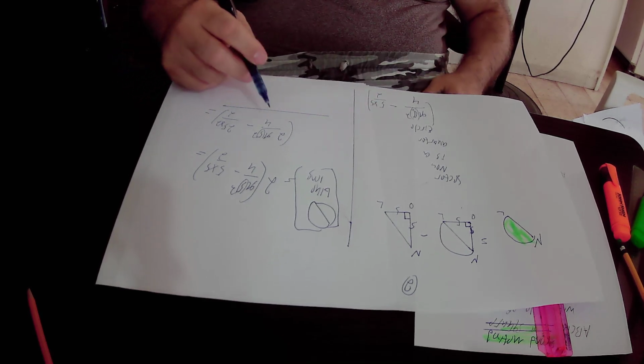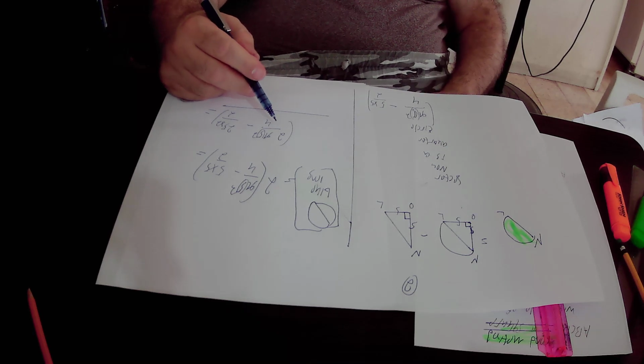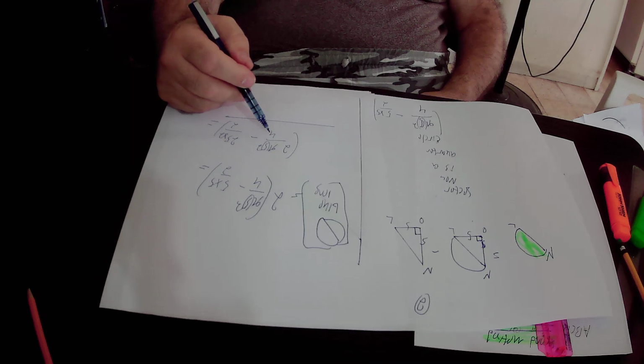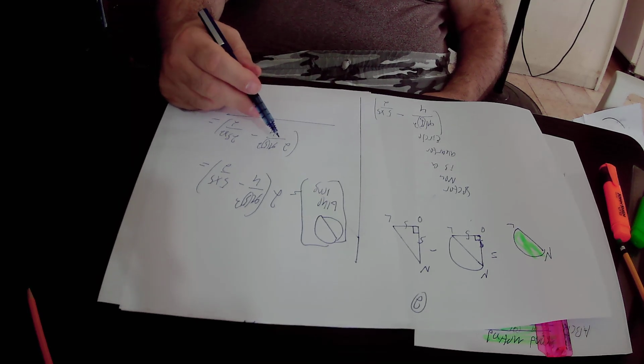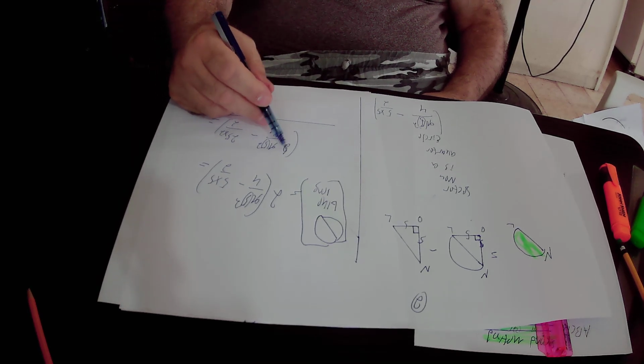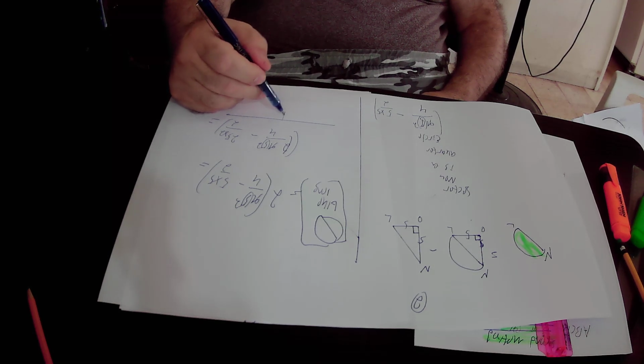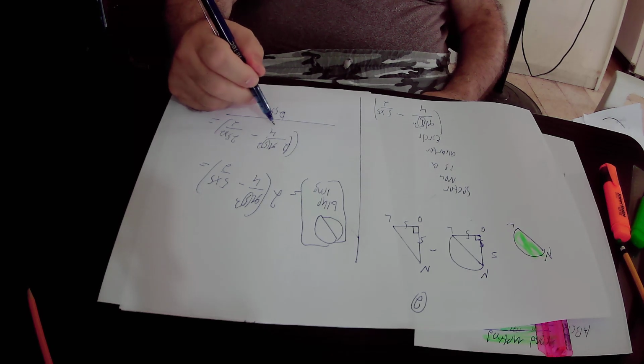So here we have to divide both the numerator and the denominator of this expression by 2. What is left in the numerator is pi. After we divide it by 2, it is pi times 5 squared, that is 25 pi, and 4 over 2 is 2.